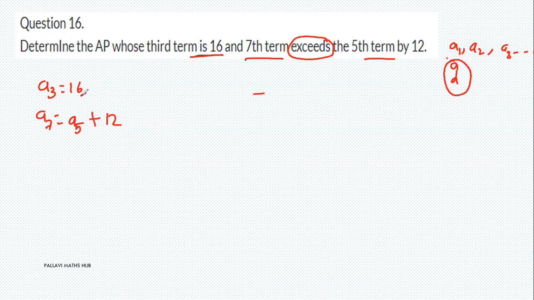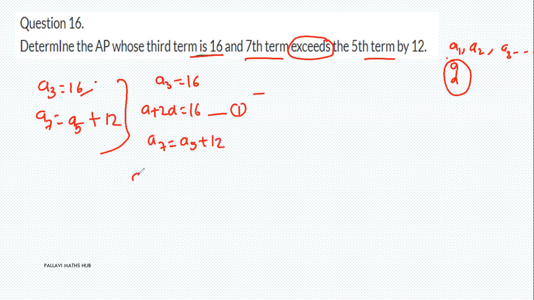Yes, I'm using these equations. I'm using both the equations. A3 is equal to 16. A3 means what? A plus 2D is equal to 16. I call this equation 1. Next, the second equation is A7 is equal to A5 plus 12. A7 means A plus 7D. Sorry, A plus 6D. Sorry.